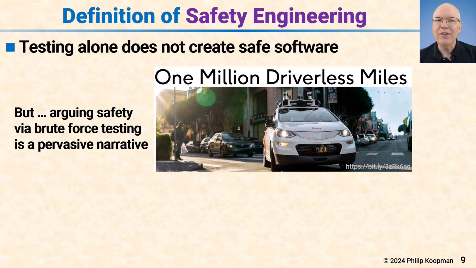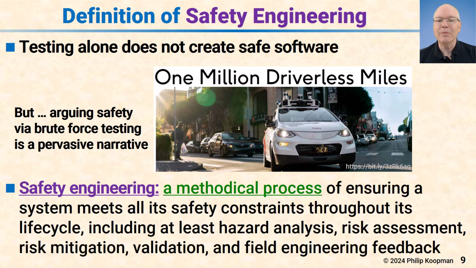The way we get safety, the way we've always gotten safety, is by doing safety engineering. Safety engineering is a methodical process, and it typically involves things such as hazard analysis and risk assessment and risk mitigation and validation. And in this definition, I've added field engineering feedback and lifecycle management, because in an open environment, periodic updates are not optional.